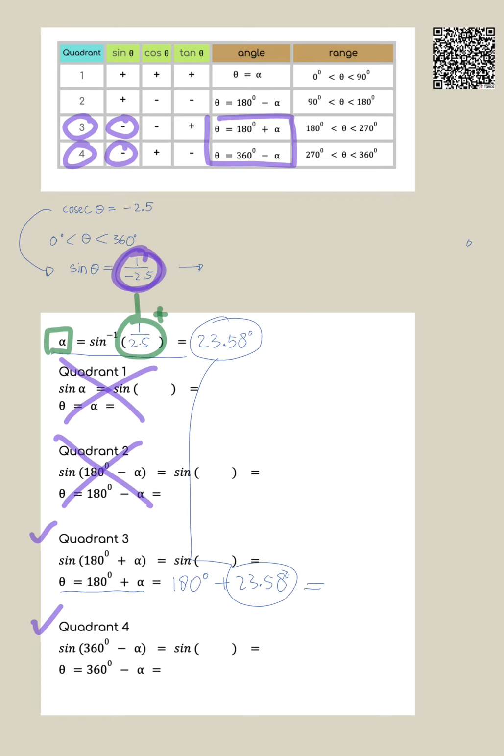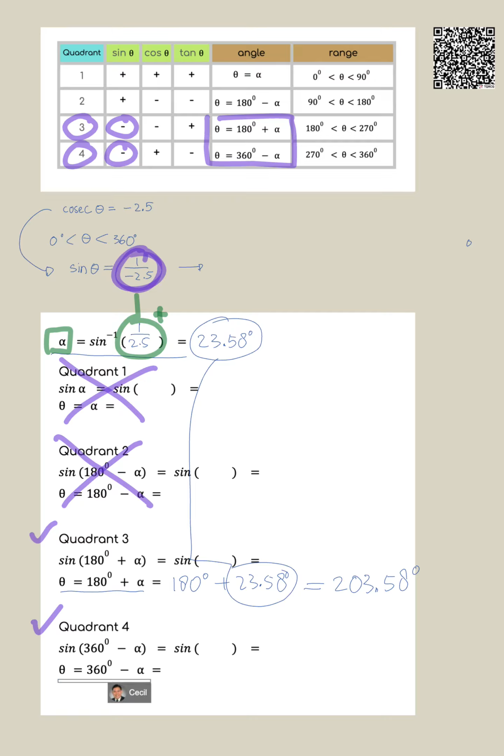And how much do we get from there? Just use the calculator, or I think you can even do that mentally. 180 plus 23.58, so it will be 203.58 degrees. So that's one of the answers for quadrant 3.